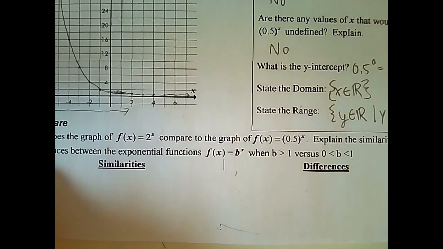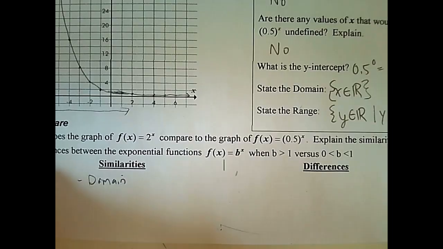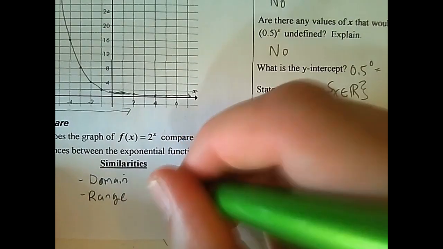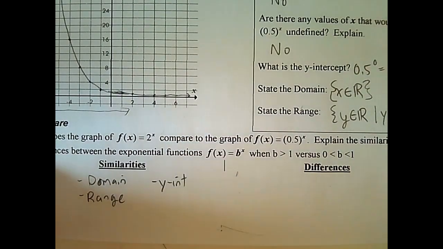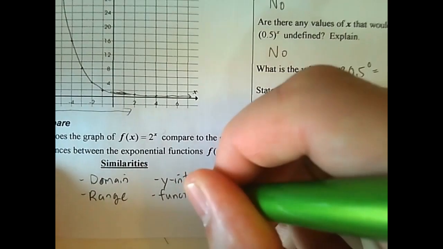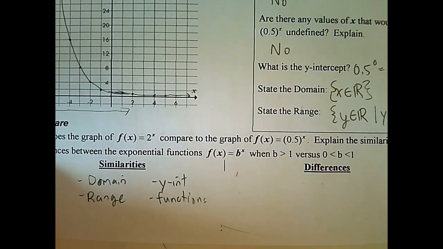So similarities: both of these have the same domain and the same range, the same y-intercept. And you could say that they're both functions if you wanted to be technical. They both have one x to one y value. So those are the similarities.